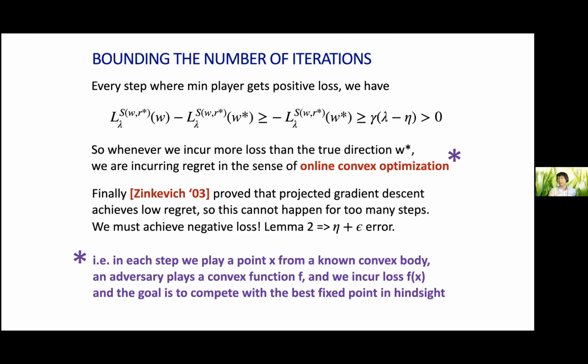So I'm eventually going to stop playing points which have positive loss if I update by gradient descent. And once I get negative loss, the contrapositive direction of lemma 2 says I actually get good error, eta plus epsilon. And so that more or less completes the proof that you can do proper learning in this model and get error eta plus epsilon.